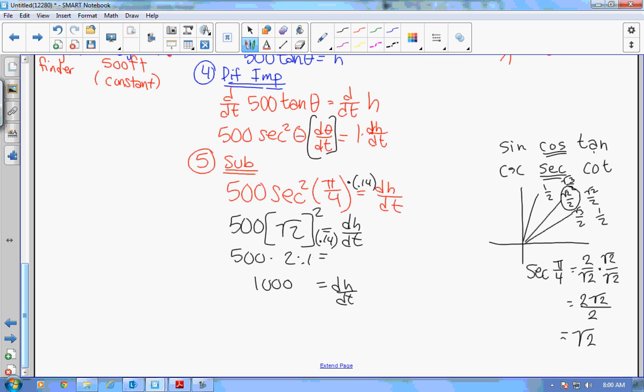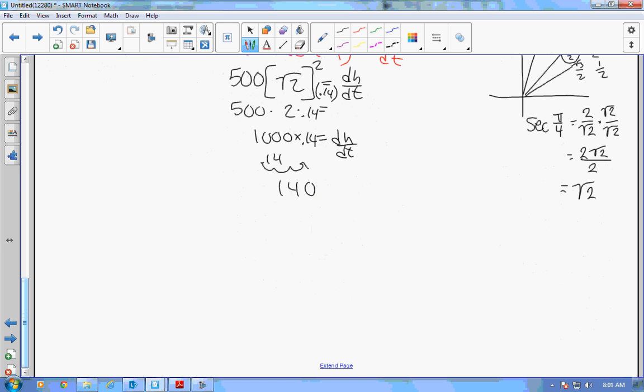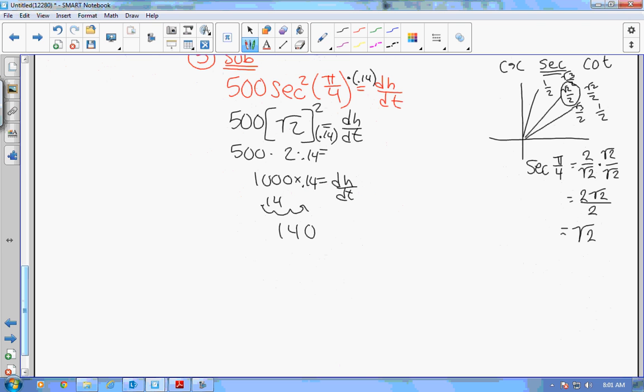If you times by 1,000, doesn't that just move the decimal 3 places because there's 3 zeros? So if I take 0.14, move 1, 2, 3, I get 140 for dh/dt.